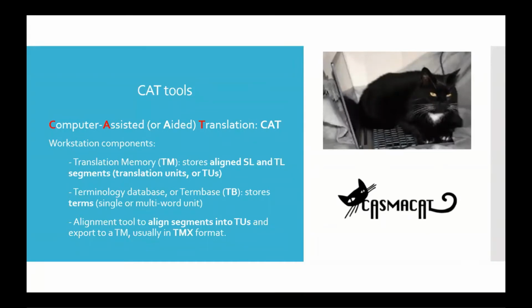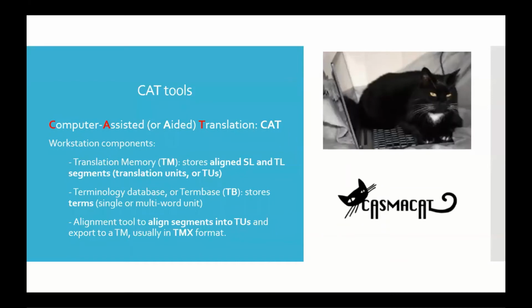So every time you translate a sentence, the original language and the translation of that sentence are linked together. They're aligned in a database. And what that means is when you find a similar sentence in another translation, perhaps next week or next year, it will find the translation for you and give you the opportunity to use it again.